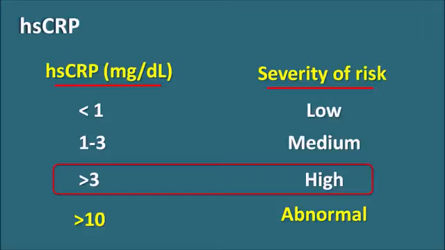So that's about the CRP test and HS-CRP test. CRP is one of the important biomarkers for inflammation or infection in the body, which acts as an important tool in order to diagnose the prognosis of the inflammatory disorders. So that's about the CRP test.